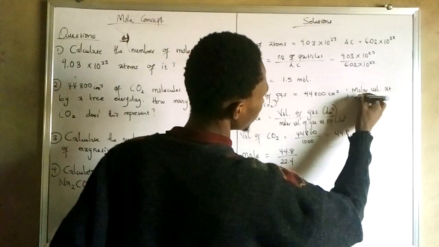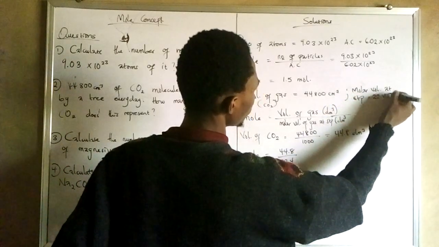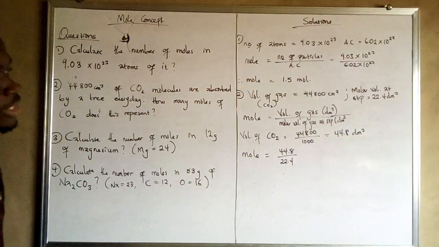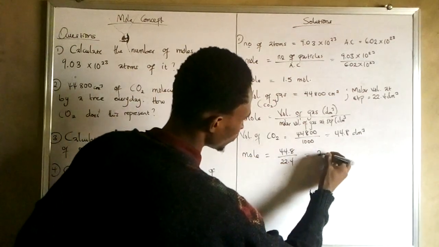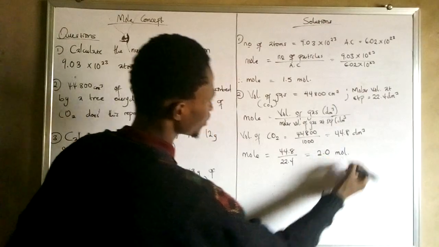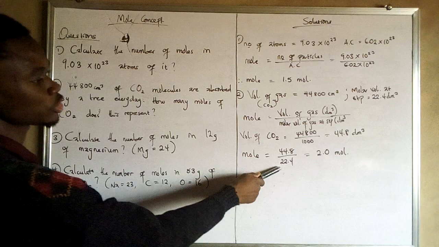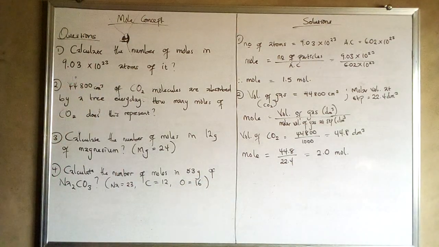So in this case, 44.8 over 22.4, we are going to have 2.0 mole. Our value is going to be 2.0 mole.